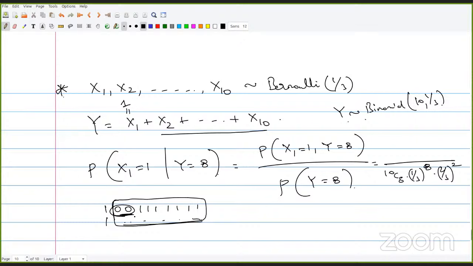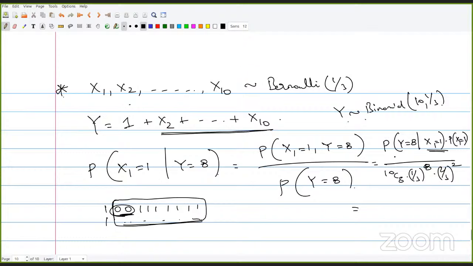Yeah, probability of Y equal to 8 given X1 equal to 1, times probability of X1 equal to 1. Does this make it easier? Correct. Now X1 is given as 1. If I substitute X1 as 1, Y should take value 8, so that means the remaining sum should take value 7.